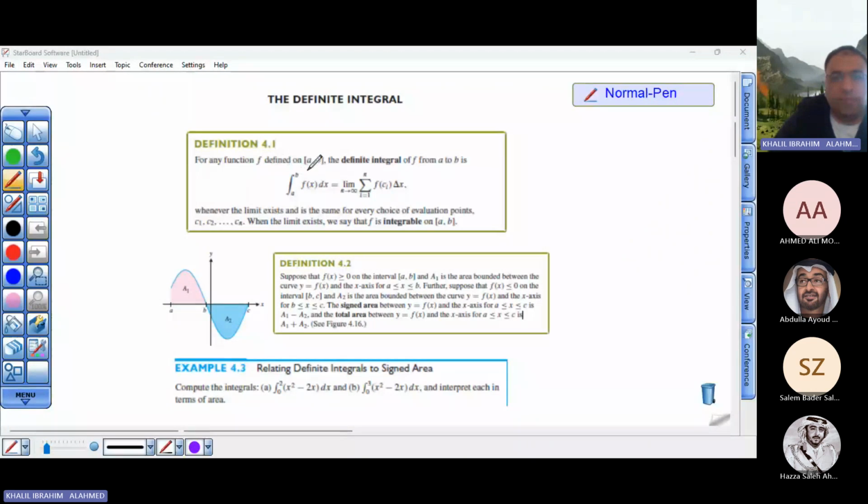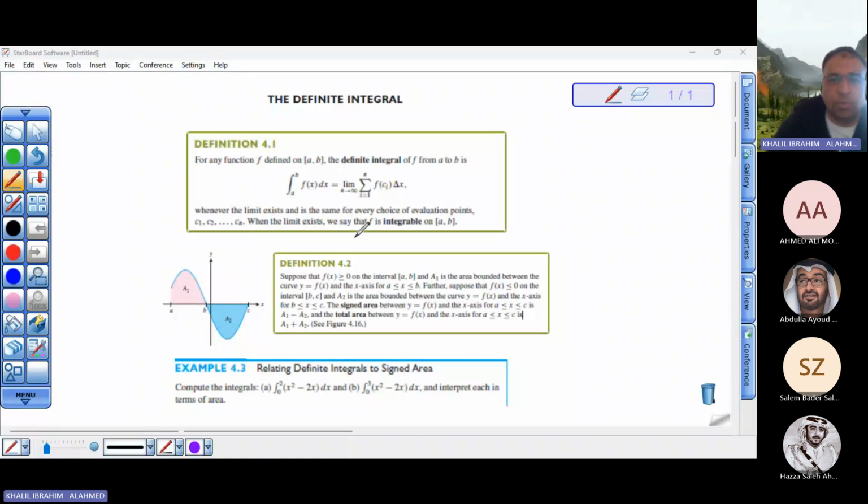For any function f defined on [a, b], the definite integral of f from a to b is the integral from a to b of f(x) dx, where this is the sign of integration, equals the limit of the summation of f(c_i) delta x, the summation from i equals 1 to n, whenever the limit exists and is the same for every choice of evaluation points c1, c2, until cn.